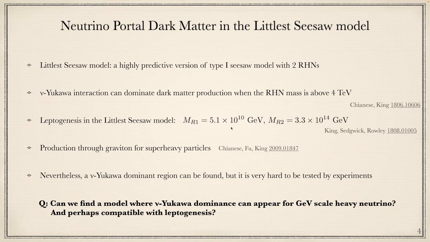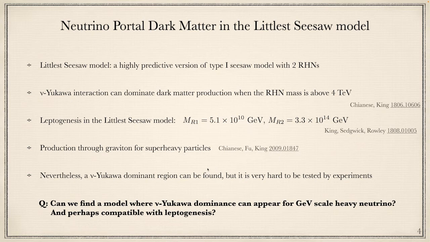And for such heavy particles, the gravitational production, which is the production mediated by a graviton, can be very important. Nevertheless, after considering all the things together, we can still find the region where the neutrino Yukawa process can dominate dark matter production. But it is very hard for the collider experiments to test that region, mainly because of the energy scale.